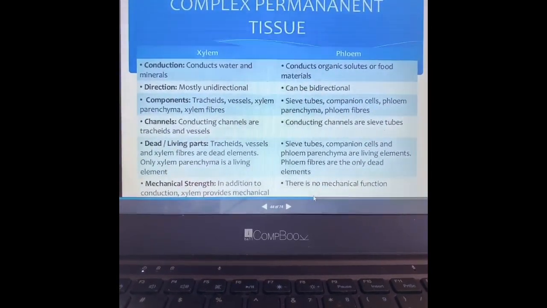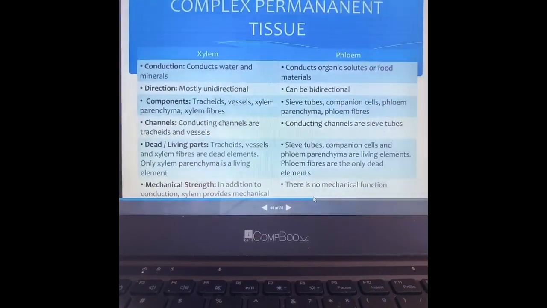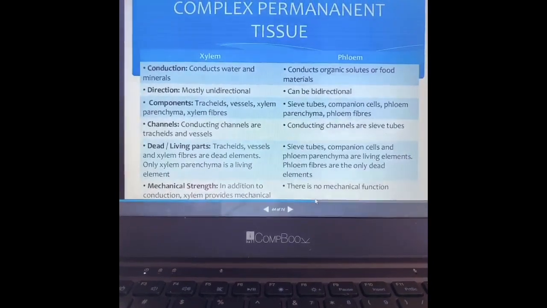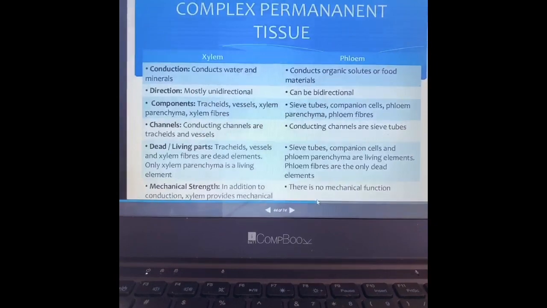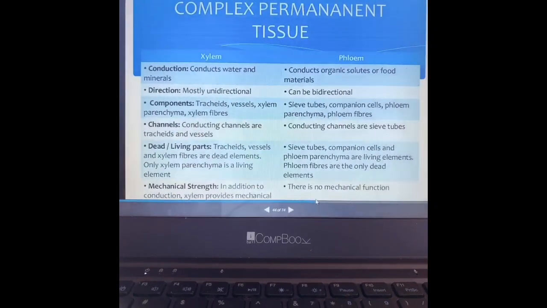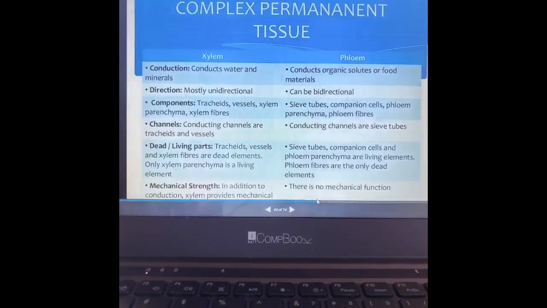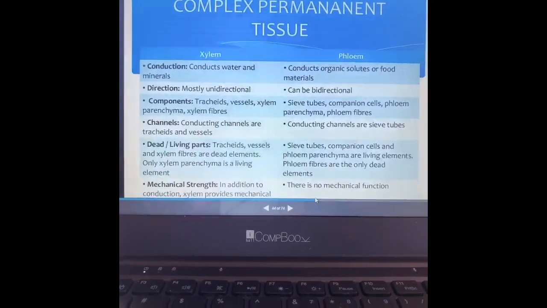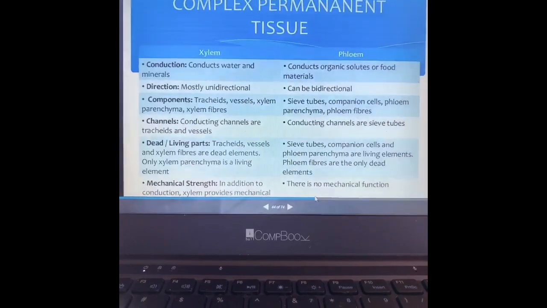Now in xylem, tracheids, vessels and xylem fibers are the dead elements, and it is only the xylem parenchyma which is the living element, while in case of phloem it is only the phloem fiber which is a dead element, the rest, sieve tube, companion cell and phloem parenchyma, all of them are living.